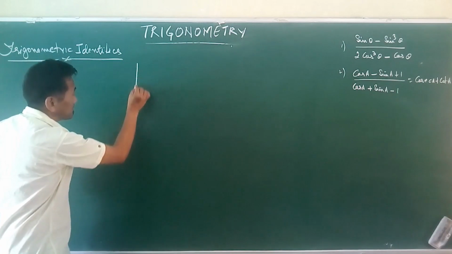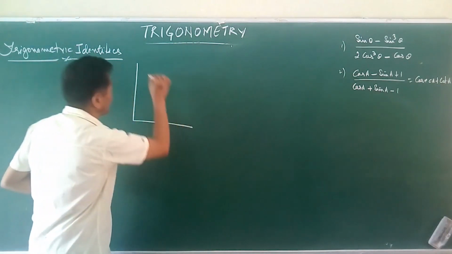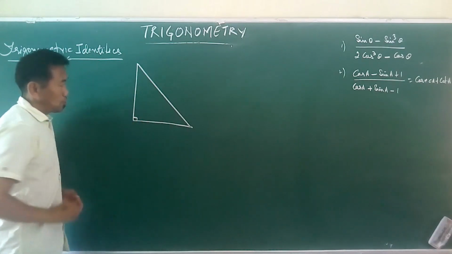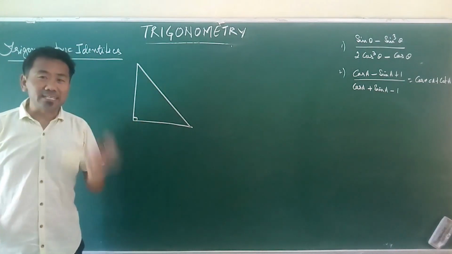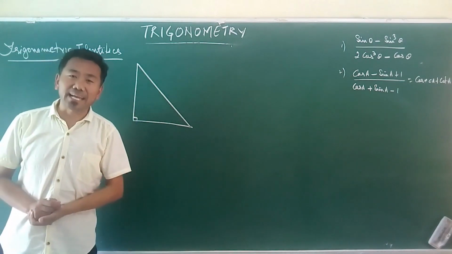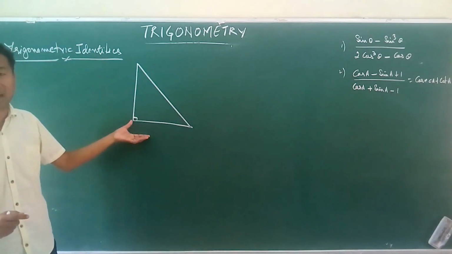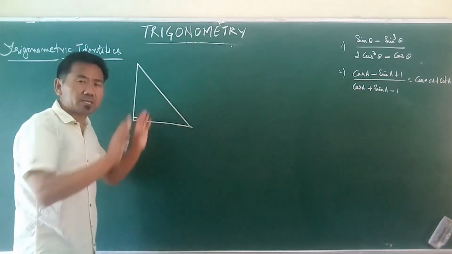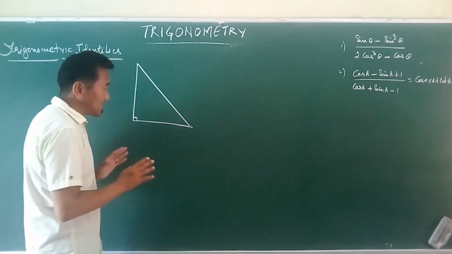For every trigonometric ratio, we did discuss that the triangle should be a right angle triangle, and this is exactly the right angle triangle. So instead of writing A, B, C, P, Q, R, simply write that.